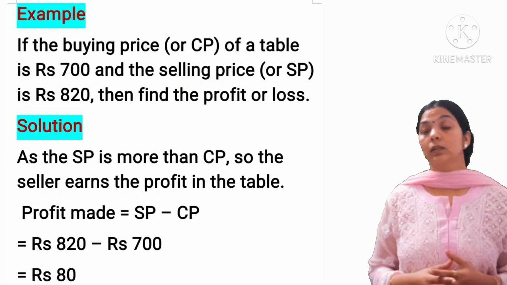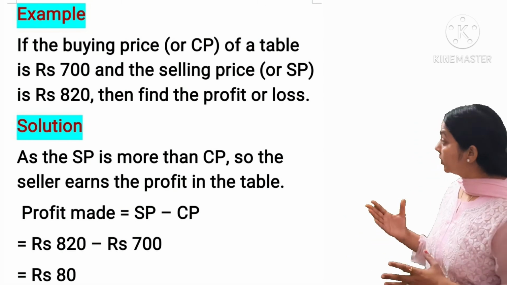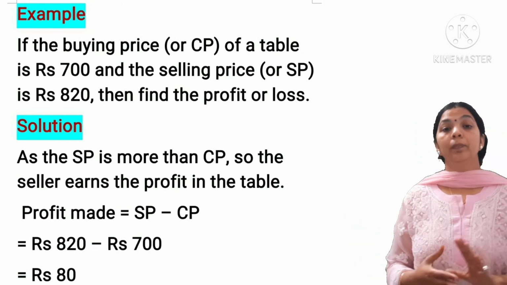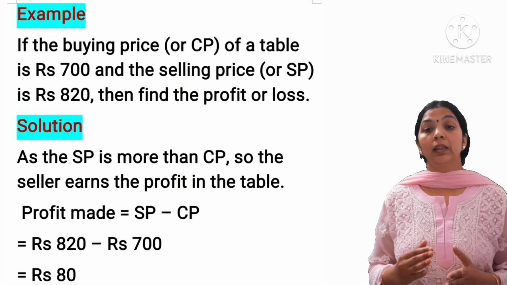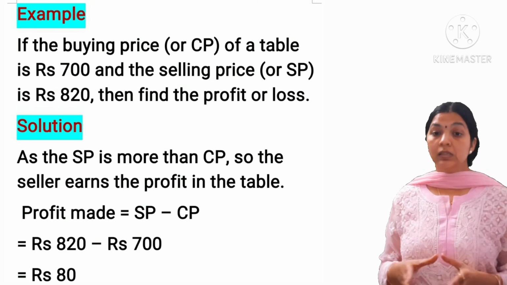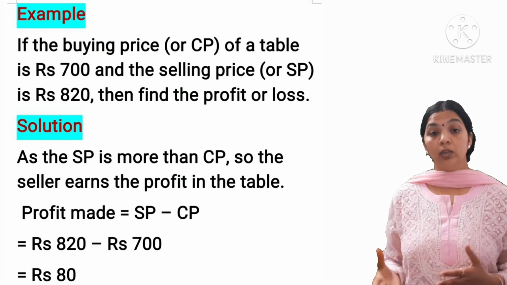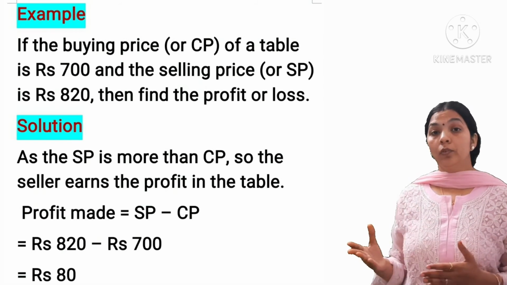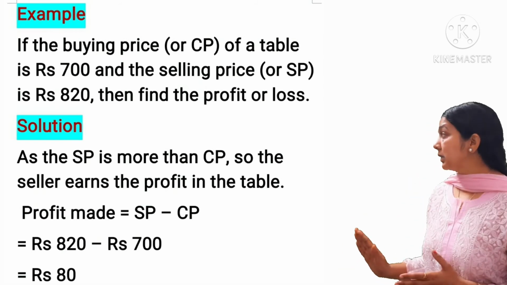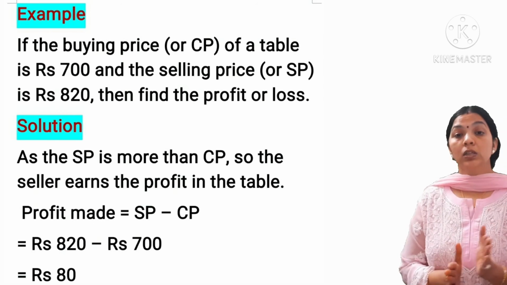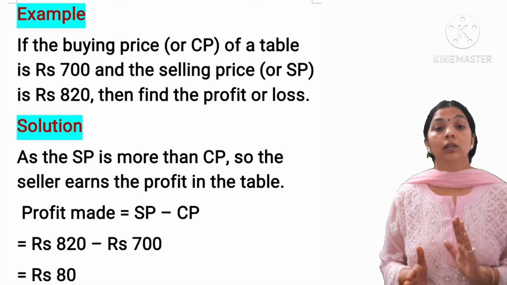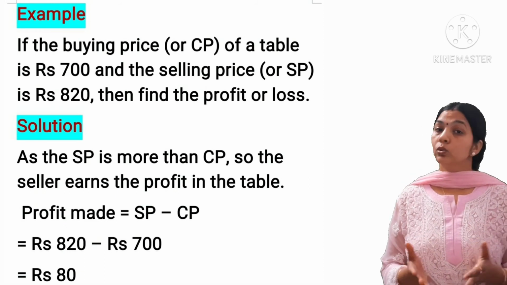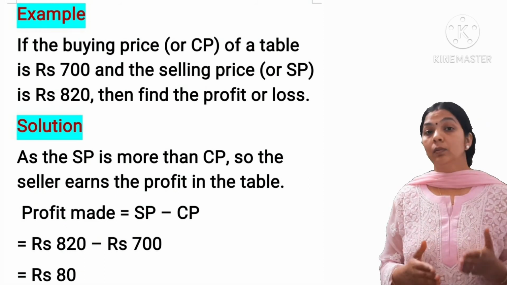Now let us clear this all with the help of this example. If the buying price or the cost price of a table is 700 and the selling price of this same table is 820, then find the profit or loss. Here you can easily see that selling price is greater, so obviously it's a profit.